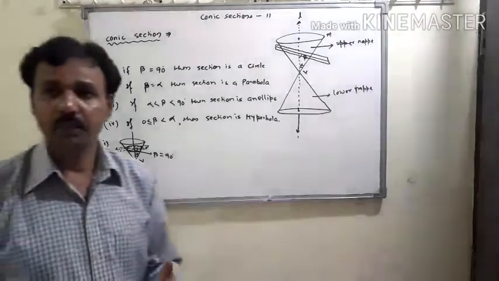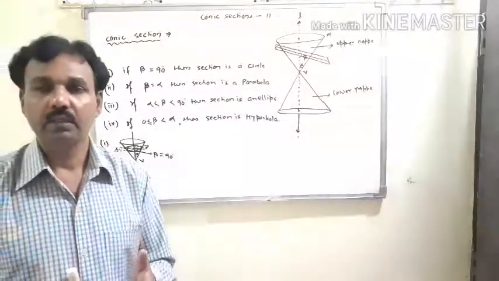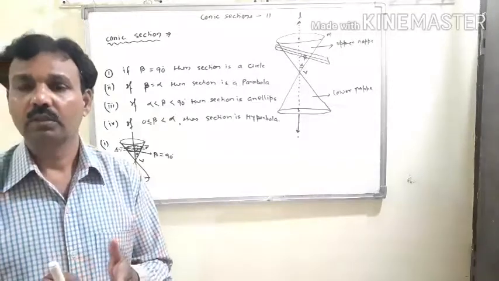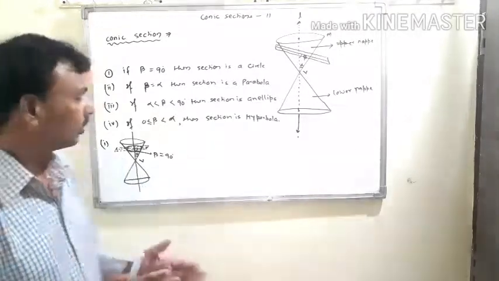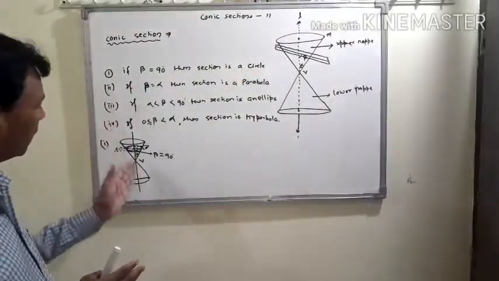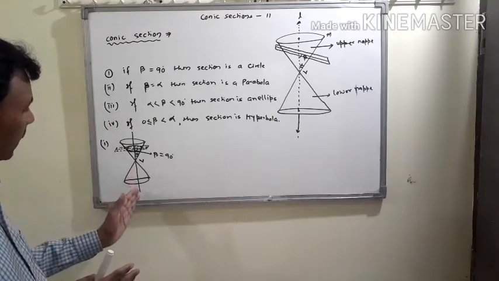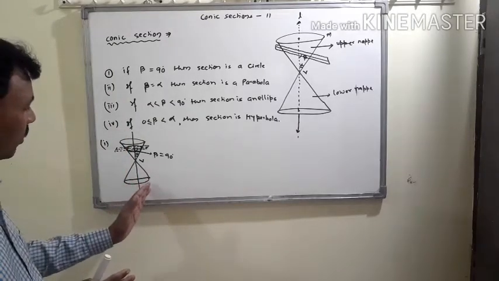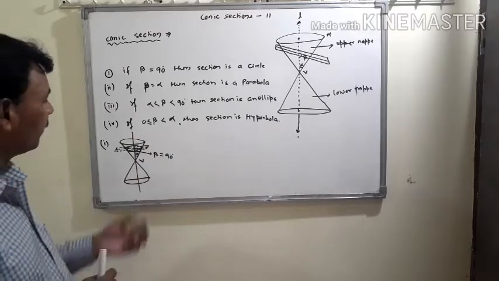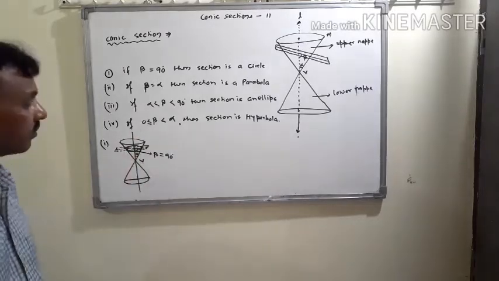That means if a double napped right circular cone is cut by a plane perpendicular to the axis of this right circular cone, then we can find the circle.